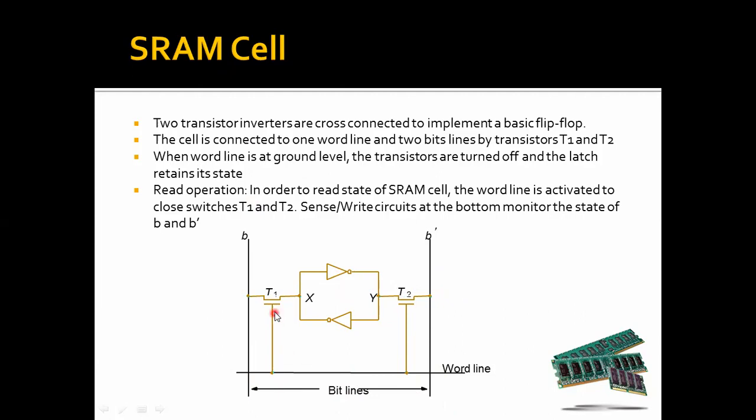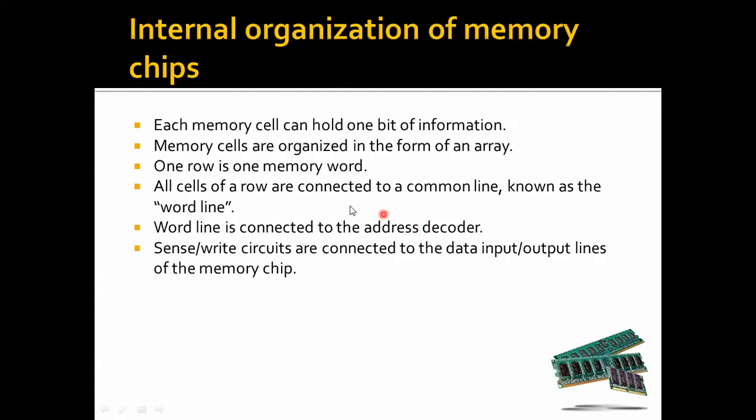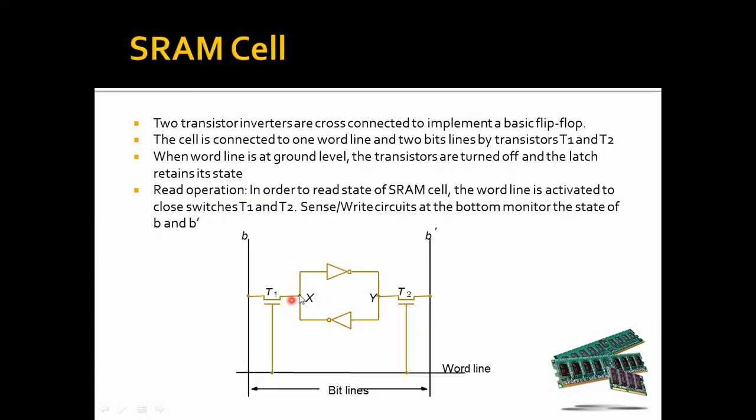So these transistors are connected to the word line. That means all are connected to one common line, and that common line is called the word line. Already we discussed that all cells of a row are connected to a common line known as the word line. Here two transistor inverters are cross connected to implement a basic flip-flop.